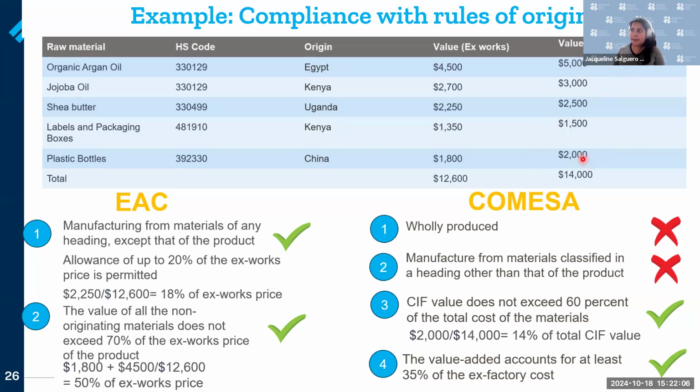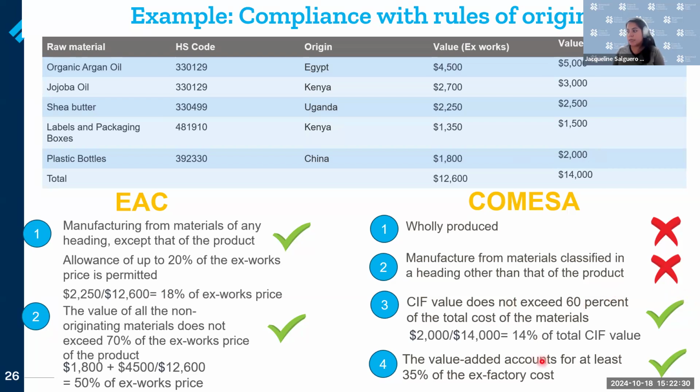Because in this case, Egypt, Kenya, Uganda are part of the COMESA agreement. So therefore, the only non-originating material outside of the agreement will be the ones from China, so the plastic bottles. So this one divided by 14,000 will be 14%, and the CIF value rule was does not exceed 60%, so I comply with that.